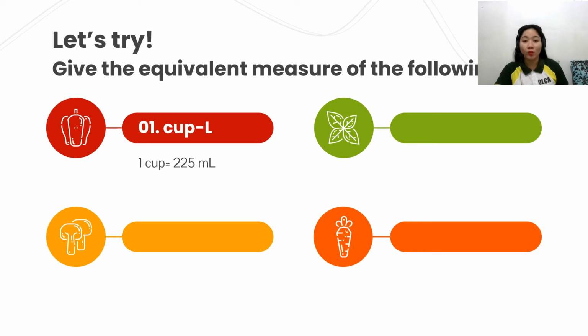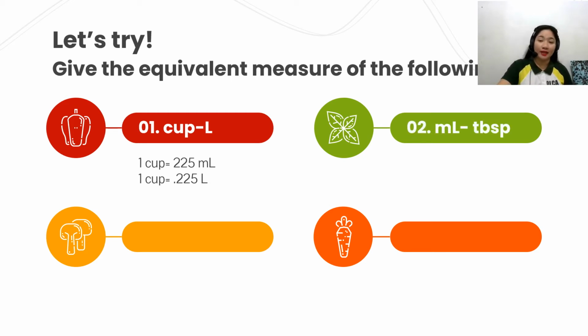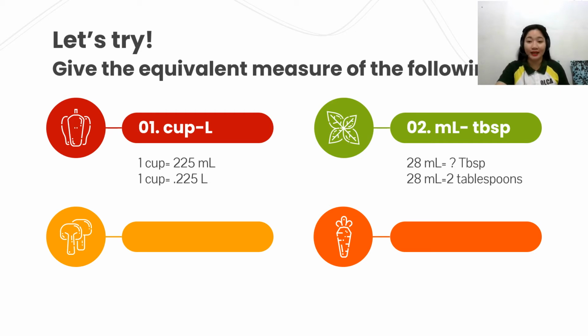Meaning, class, 1 cup is equal to 0.225 liters. Based on our table, how many tablespoons are there in 28 ml? The answer is, of course, there are 2 tablespoons in 28 ml.